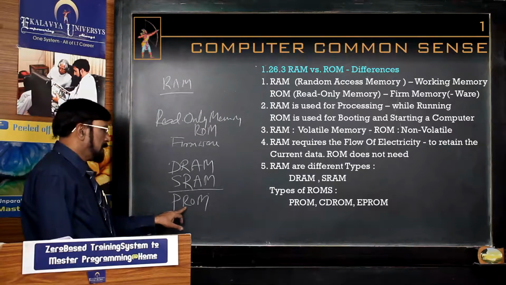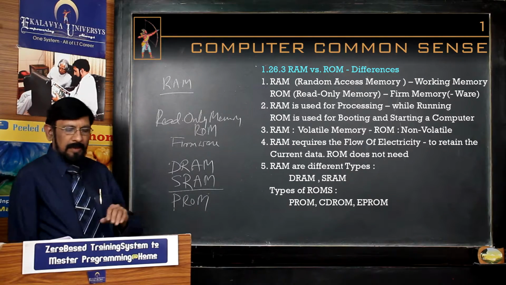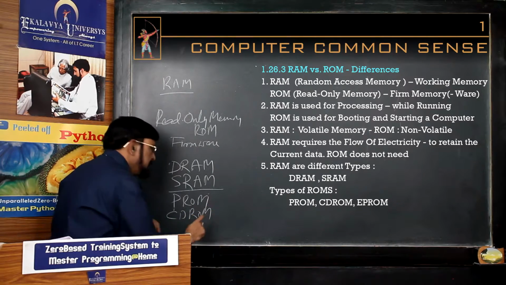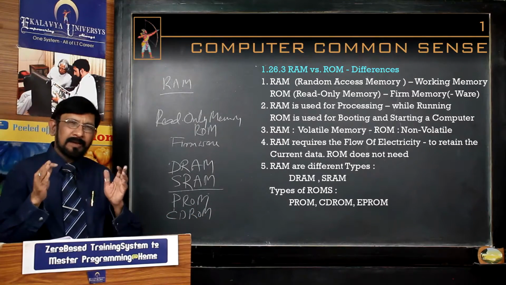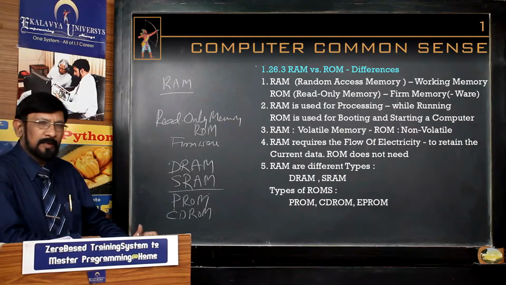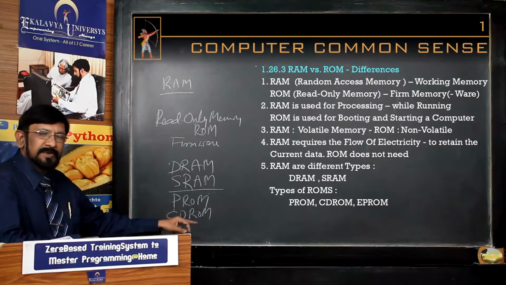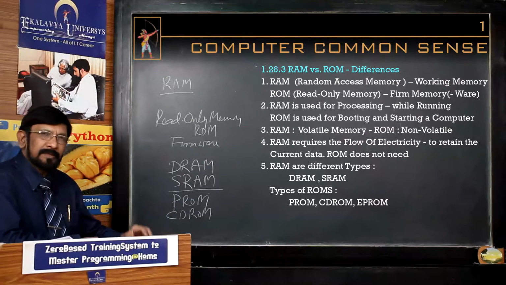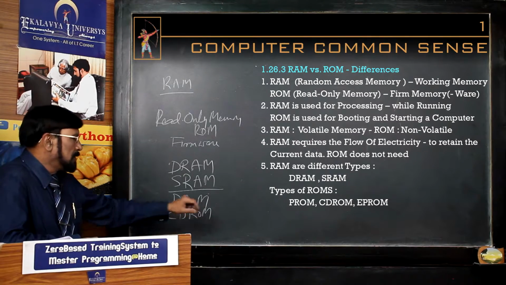Programmable read-only memory, and CD-ROM. Actually, certain blank disks also are provided. This is CD-ROM, you know that we regularly use, that is compact disk read-only memory.